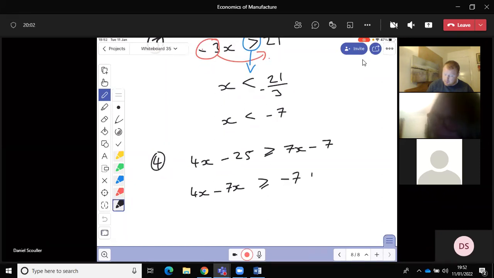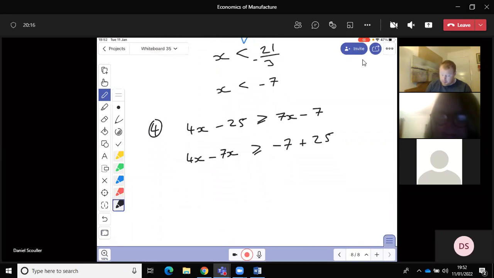Minus 7 plus 25. You could write that 25 minus 7 as well, but because it's already on the right hand side, I'll put that number first. Happy with that? So that becomes negative 3x greater than or equal to, what's that, 18?